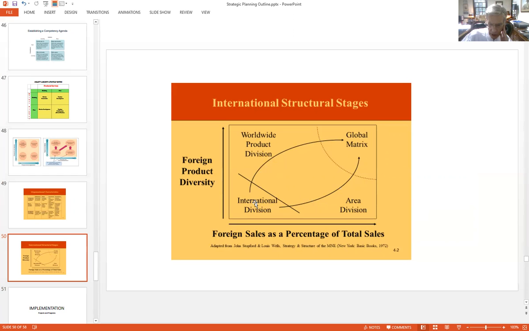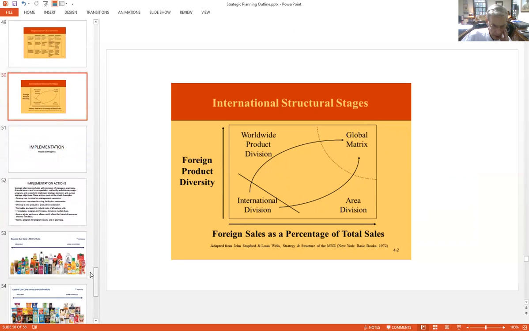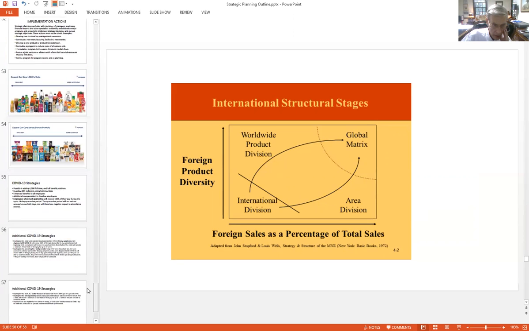Instead, you set up an international division and it arranges for marketing or conducts marketing activities from headquarters and does business mainly by exporting products to various parts of the world using brokers and sales agents, sometimes by setting up its own sales company in other parts of the world.